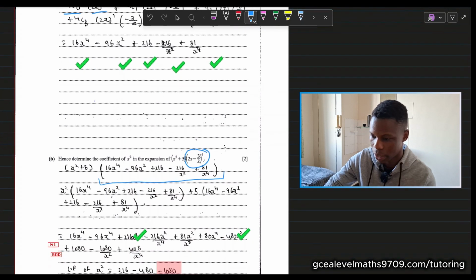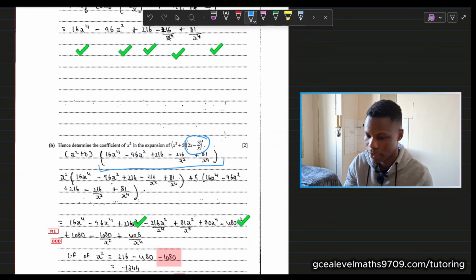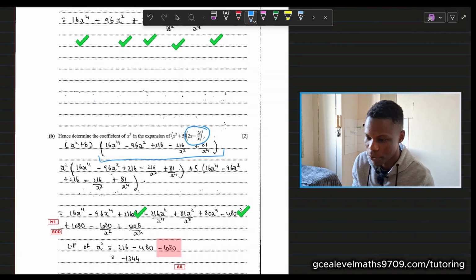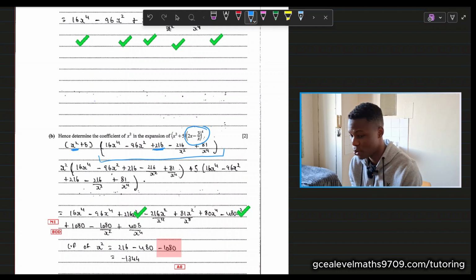And then what you want to do after that is, we are interested in the coefficient of x squared. So you need to find the terms that when multiplied together will give you a term in x squared. So what I mean by that is, if we look at our 2 brackets, if I multiply this x squared here by 216, we get a term in x squared. And in fact, they did that. It's just that they expanded the whole thing, right?